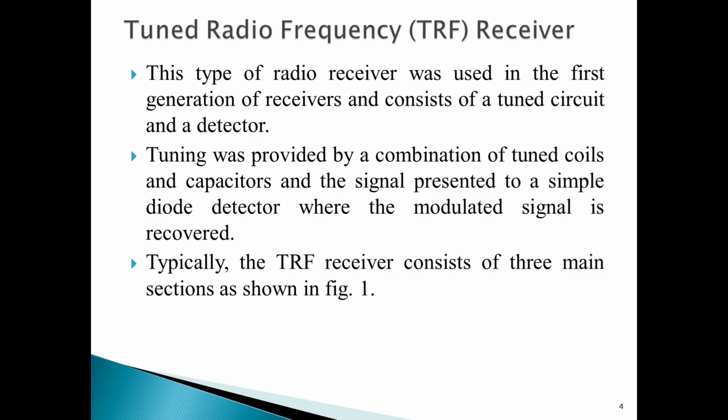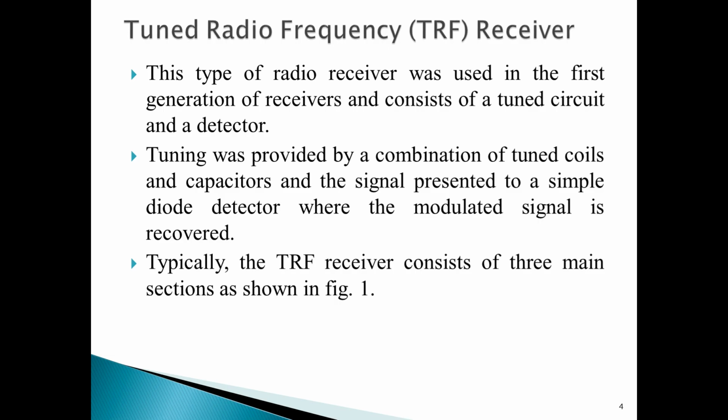This type of tuned radio receiver was used in the first generation of receivers and consists of a tuned circuit and a detector. Tuning was provided by a combination of tuned coils and capacitors, and the signal presented to a simple diode detector where the modulated signal is recovered.